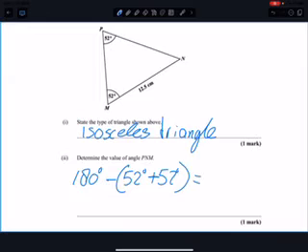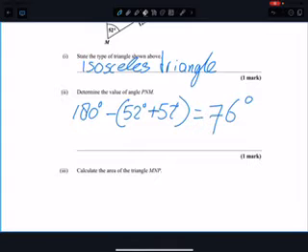And your answer, if done correctly, should have been, what is this? 106. No, wait. It's 76, yes. Degrees.